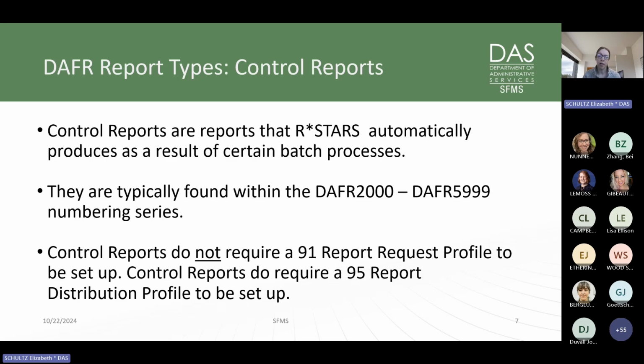The system is generating them to kind of give a trail of what happened in the system, give you information on what exactly posted or the results of a job. We do have a numbering sequence for the DAFR reports that kind of gives you a hint of what type of report it is. Control reports are usually in the range of 2000 to 5999. So those are control reports.